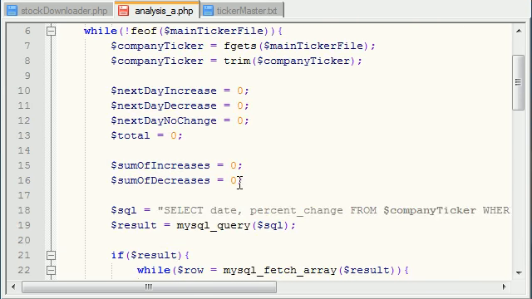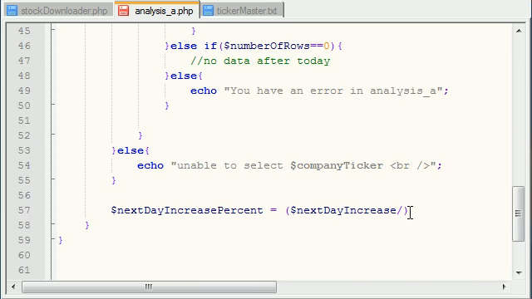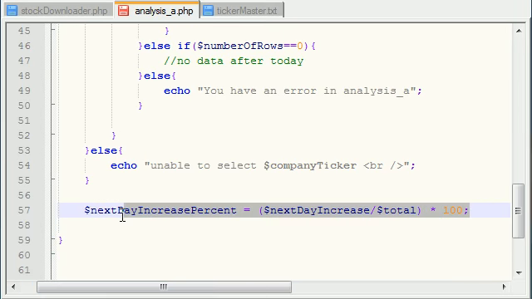The total is all the days, whether it went up, down, or no change at all. In my example, it's 8 out of 10, which gives you 0.8. So to get a proper percentage, you have to multiply it by 100.